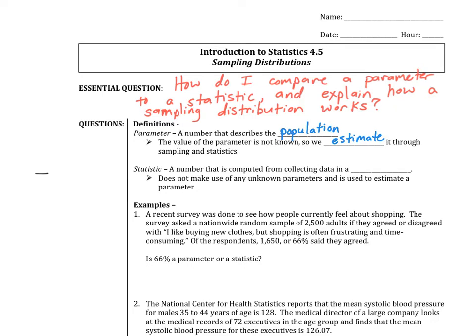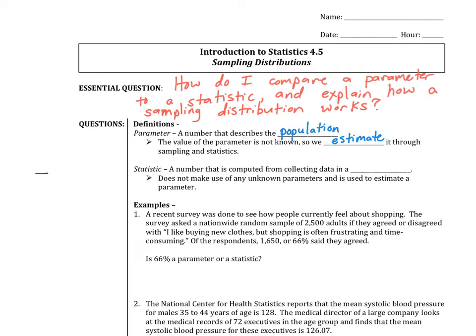So what this means is it's impossible to find, like let's say we're talking about heights of 10-year-old kids. It is impossible to find the average height for every 10-year-old kid in the entire world. It's just impossible. There's so many of them. You couldn't do it. So parameters are used to kind of help describe that population of 10-year-olds with an estimate.